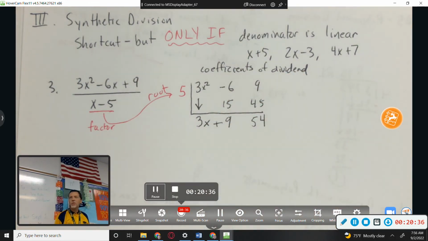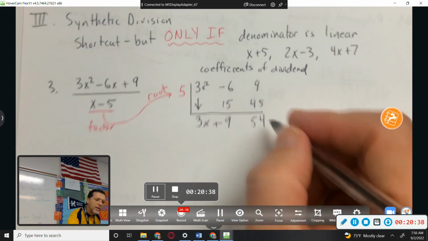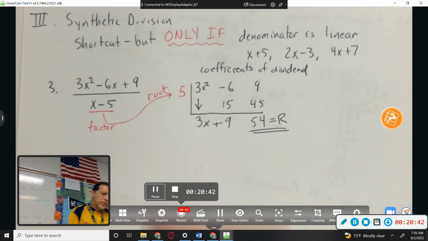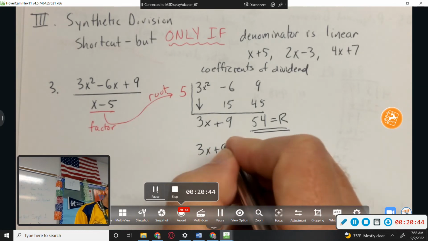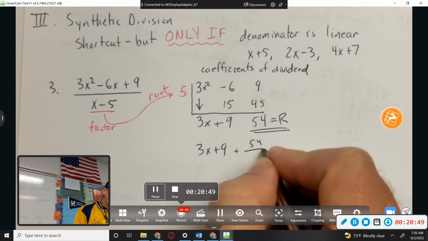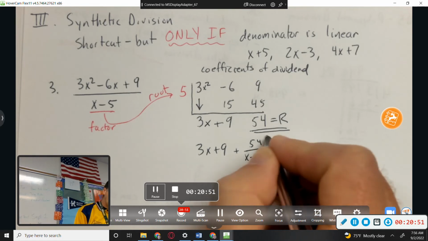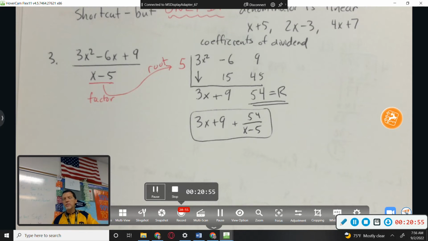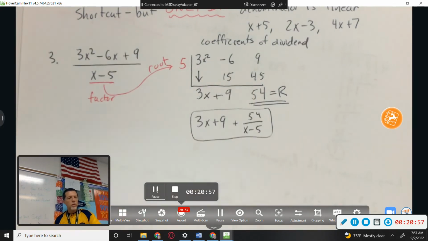What's the 54? That's the remainder. The remainder is 54. And so 3x plus 9, and either remainder 54 or plus 54 over x minus 5. And it kind of depends on the problem as to whether we want the remainder or the fraction.